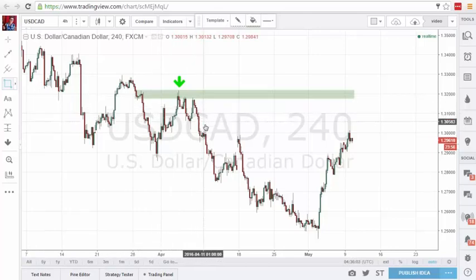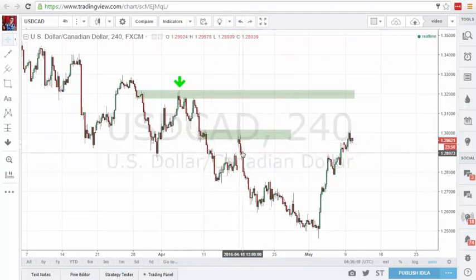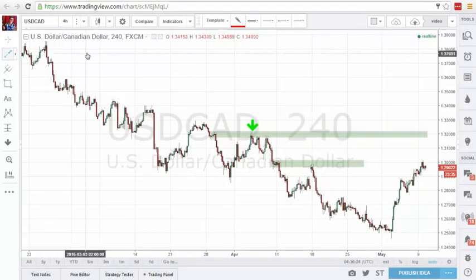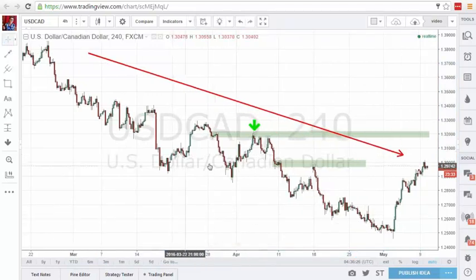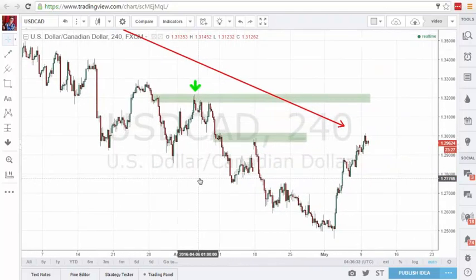And then, as you can see, as price moved lower, we had another little sideways consolidation with a strong sell-off afterwards, and here again price then moved back into the supply zone. It found new sellers and then immediately moved lower again from the supply zone. So as you can see, if we put it into the big context, price was in an overall downtrend, and then you look for supply zones in that downtrend to time your trend following entries.